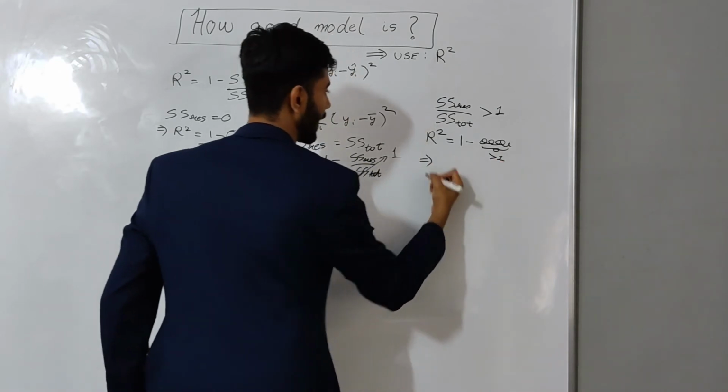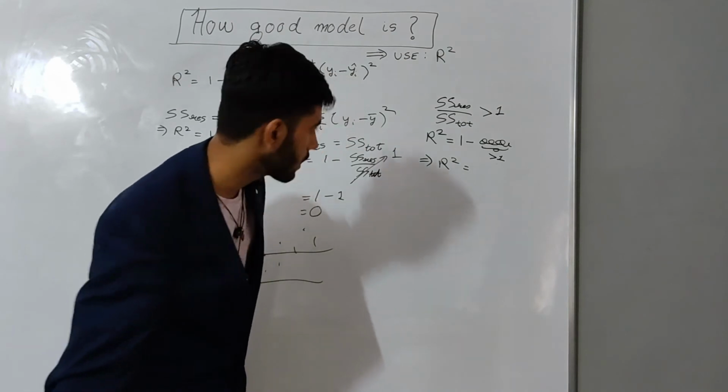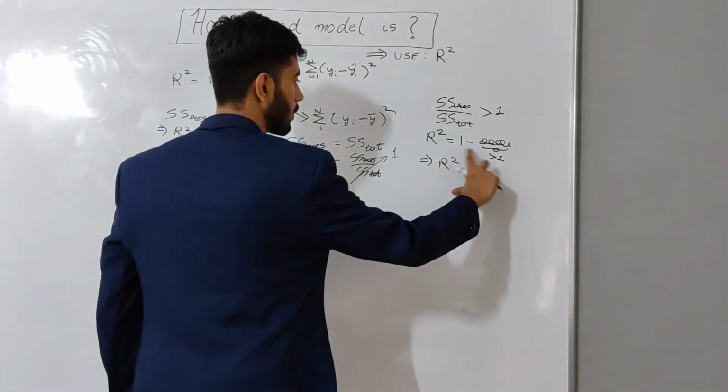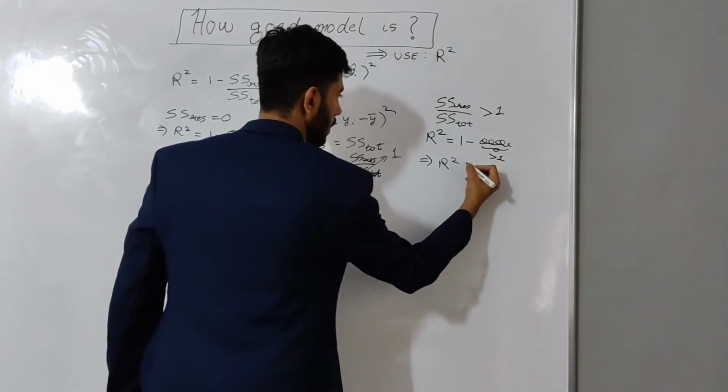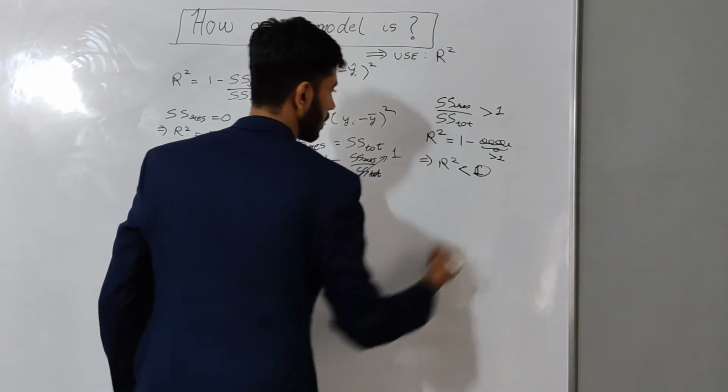This simply means that r square is less than 0. Why less than 0? Because I am subtracting from 1 some number that is greater than 1. So my r square is going to be less than 0.